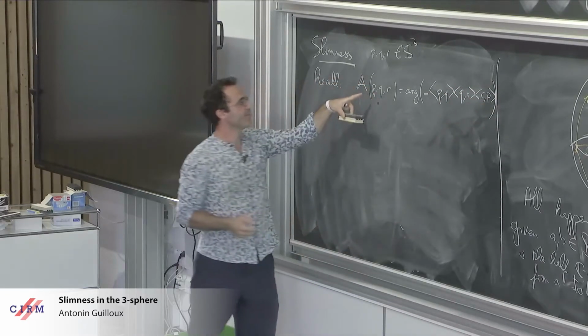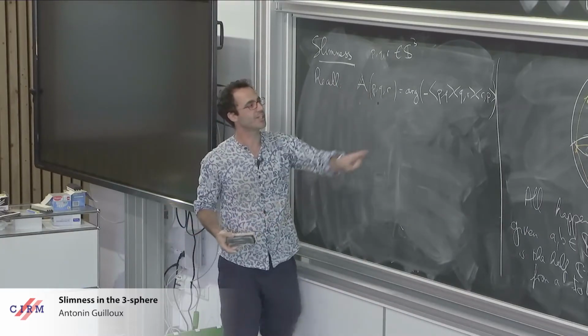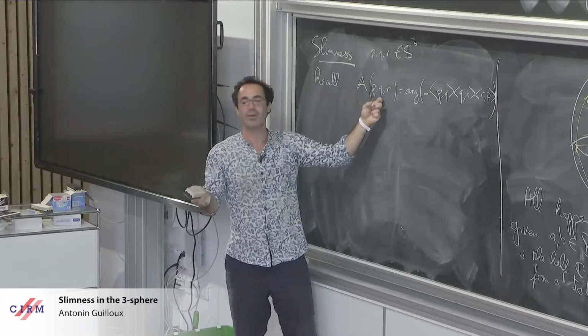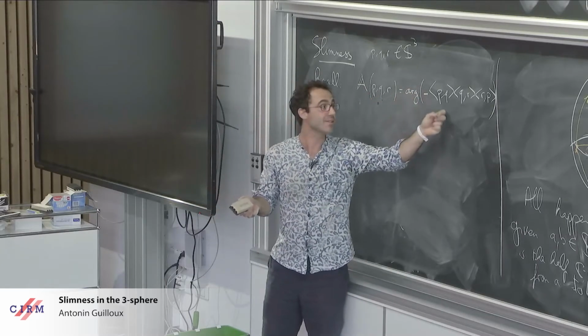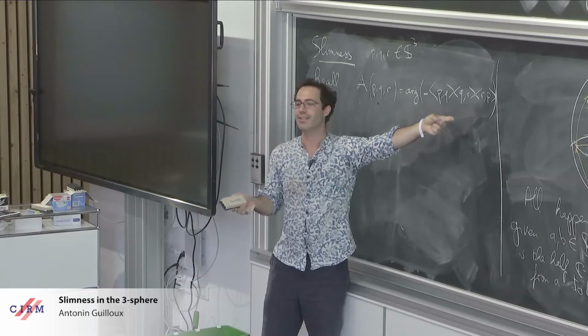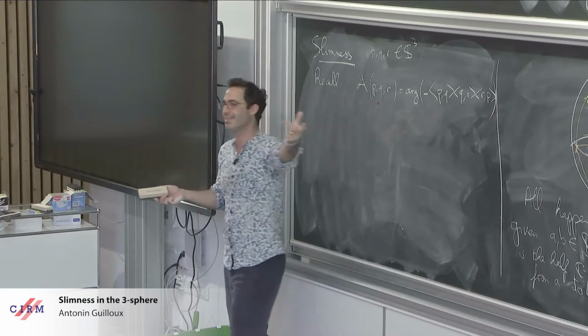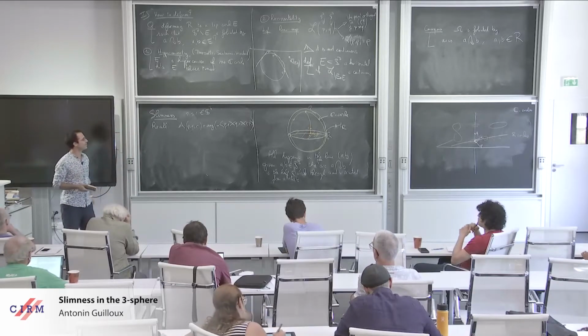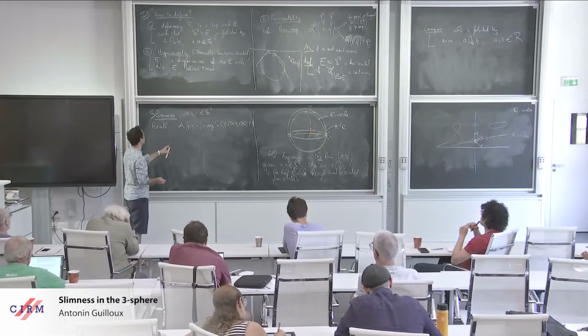Okay, whenever I have 3 points, I cheat a bit. Those are points in CP2. I lift inside C3, sorry. I make this triple product and compute the argument. This does not depend on the lifts, as you can easily check.